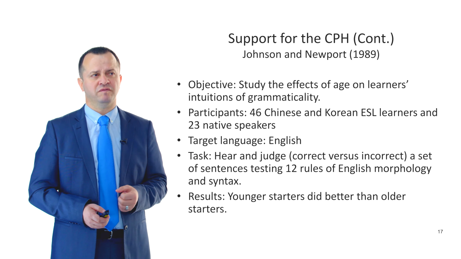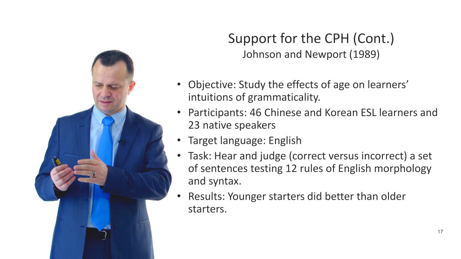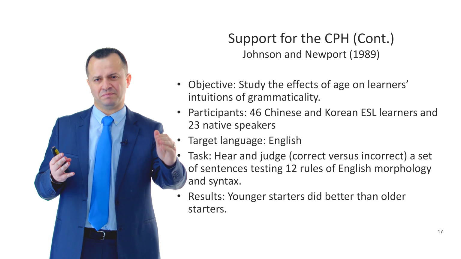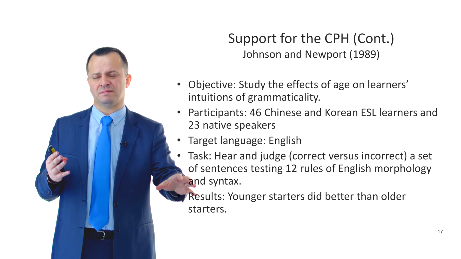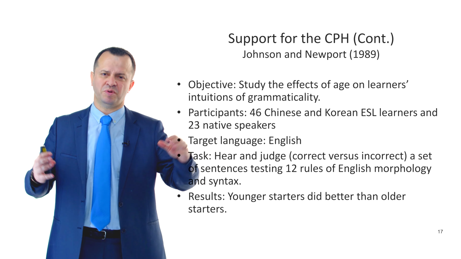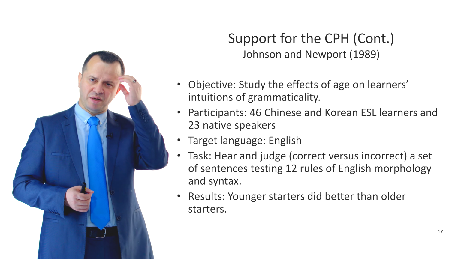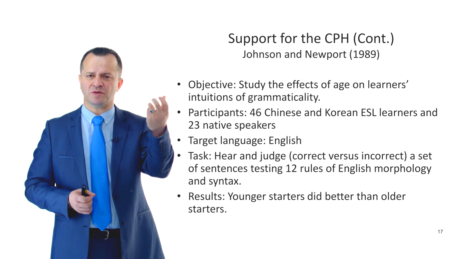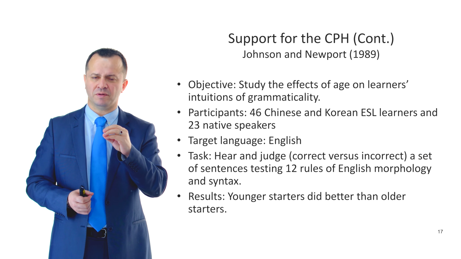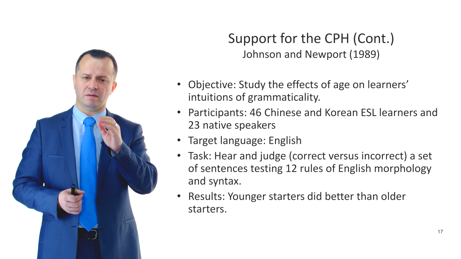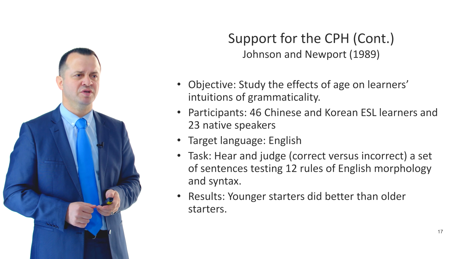There is another support for the CPH, the critical period hypothesis. Sometimes it is said to start at age 5 and go up to age 9. Some research says 10 or 11. This is the period, what we call the critical period hypothesis, when the brain becomes like a sponge and receives all this input, with very native-like accuracy in terms of pronunciation.